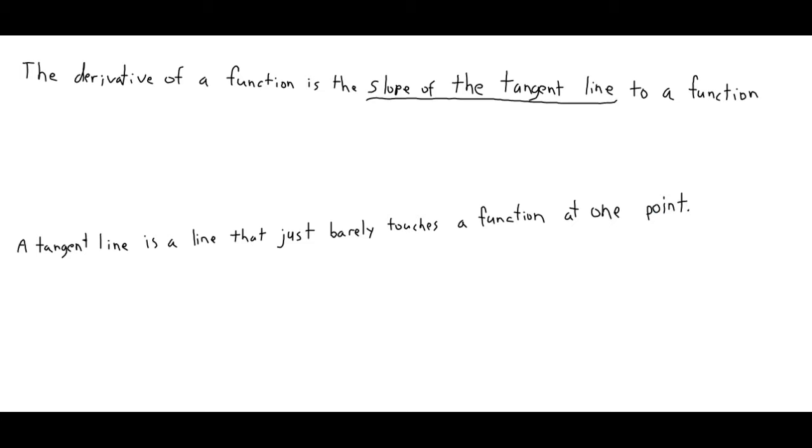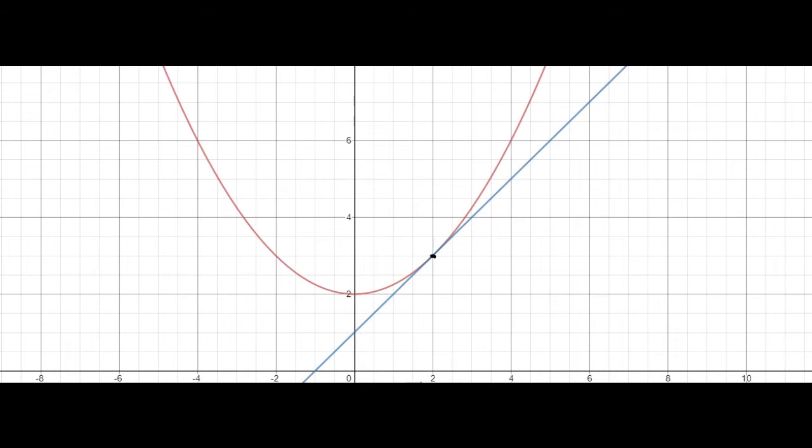But I promise, as you start doing derivatives more and more, you will start to see that they actually have an immense number of applications. Let's look at a quick example just to illustrate this. We see that we have a parabola graphed in red and a line graphed in blue. This line barely goes by and just grazes the function at x equals 2.